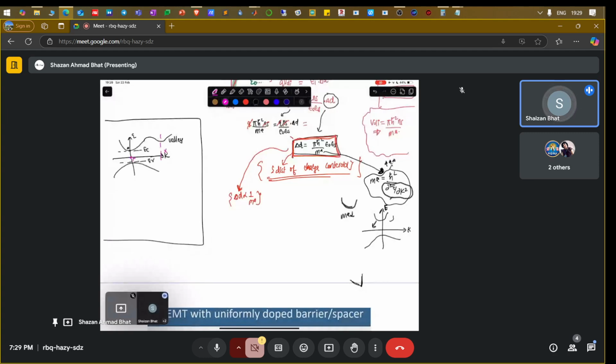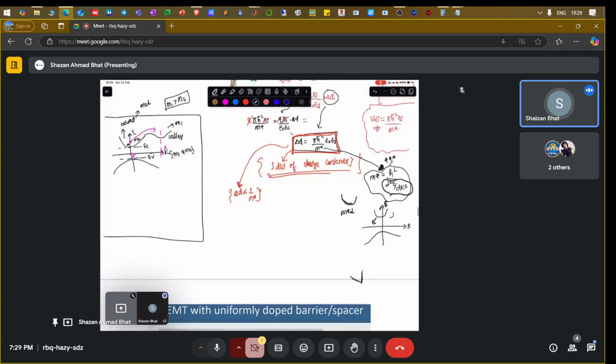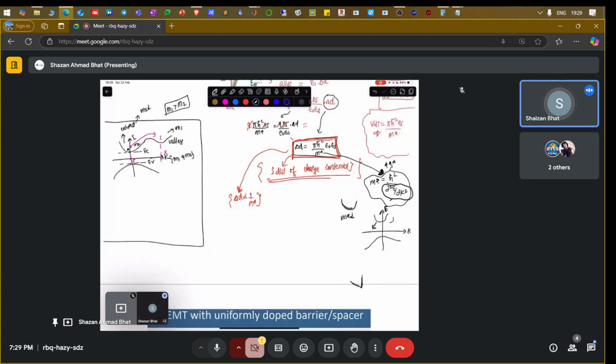If an electron can go from this valley to this valley, something called satellite valleys, which you might have studied in the Gunn effect, then there is a different effective mass here. Let's call it M1 and M2 here. So M1 is not equivalent to M2. It depends upon the curvature. This is curved more, so the effective mass will be lower. That means M1 will be greater than M2. That is the concept of effective mass. It is inversely proportional to the curvature, basically d square E over dk square, which gives you the curvature of the bands.